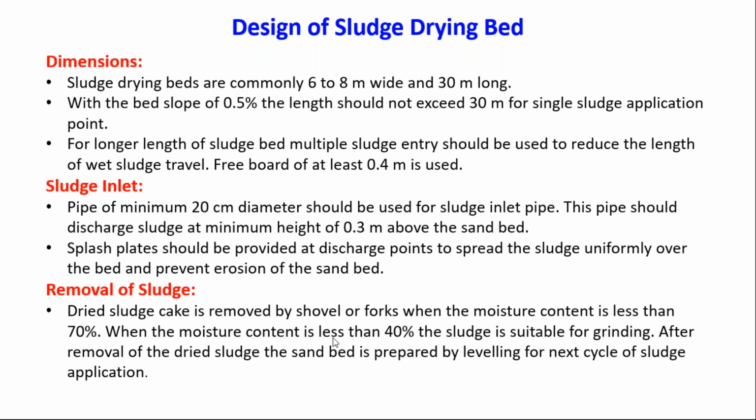When the moisture content is less than 40% of the sludge, it is suitable for grinding. After removal of the dried sludge, the sand bed is prepared by leveling for the next cycle of sludge application. So these are the different dimensional details of this sludge drying bed. Thank you.